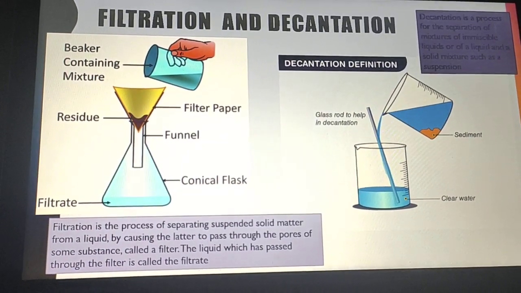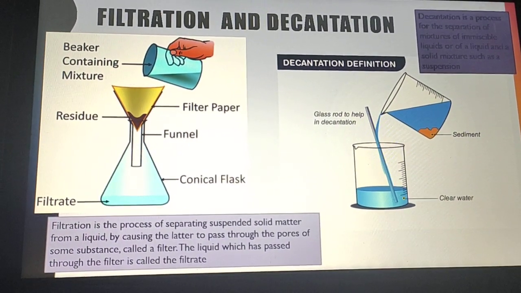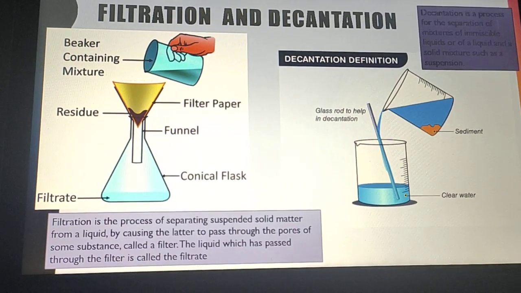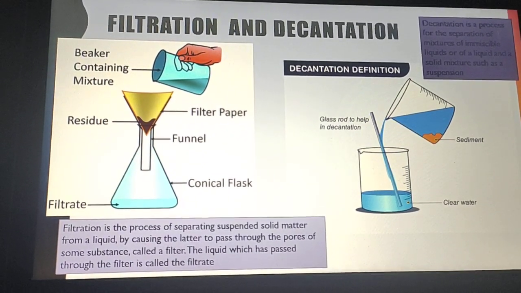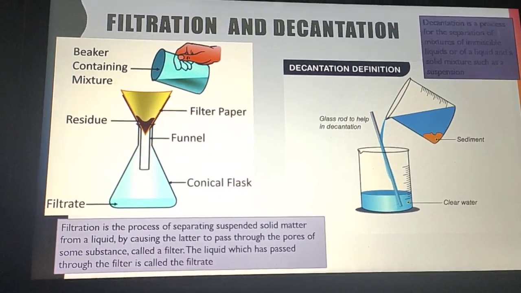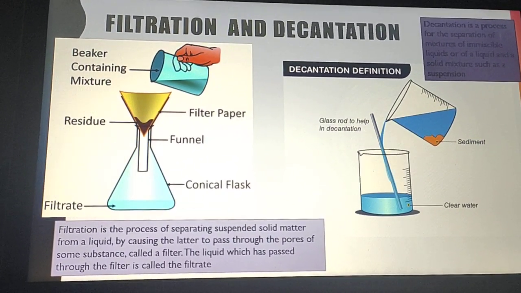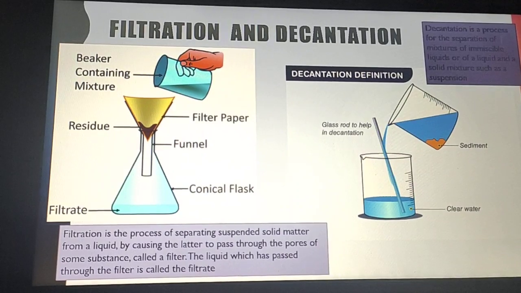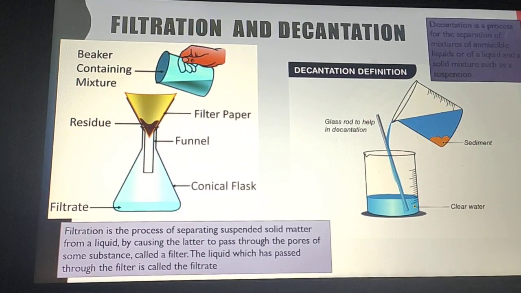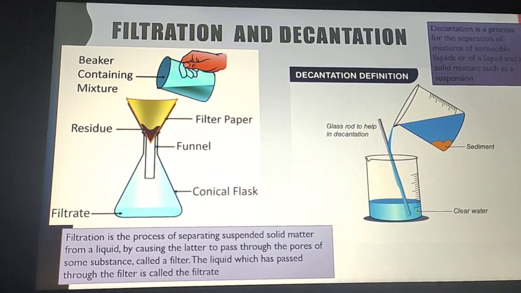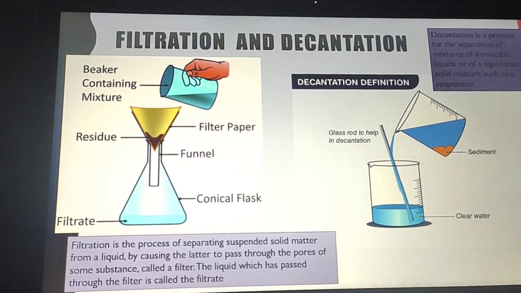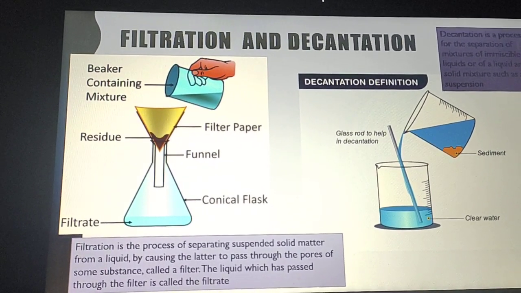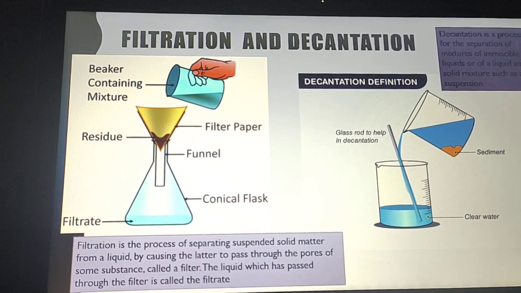So here you take a conical flask on which you put a funnel. On the funnel you put filter paper in a curved shape so that it can fit the neck of the funnel. Then you pour in the mixture from the beaker. If you take mud water and want to separate the mud from the water, you put the liquid mixture in the filter paper.